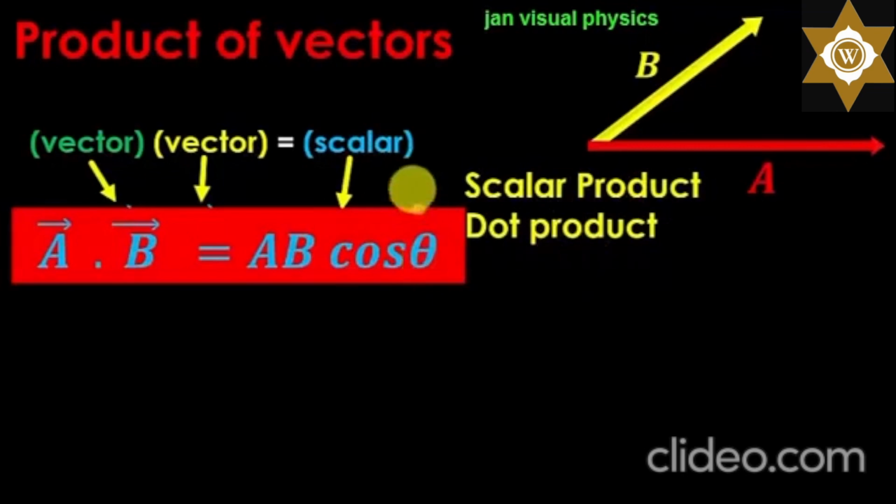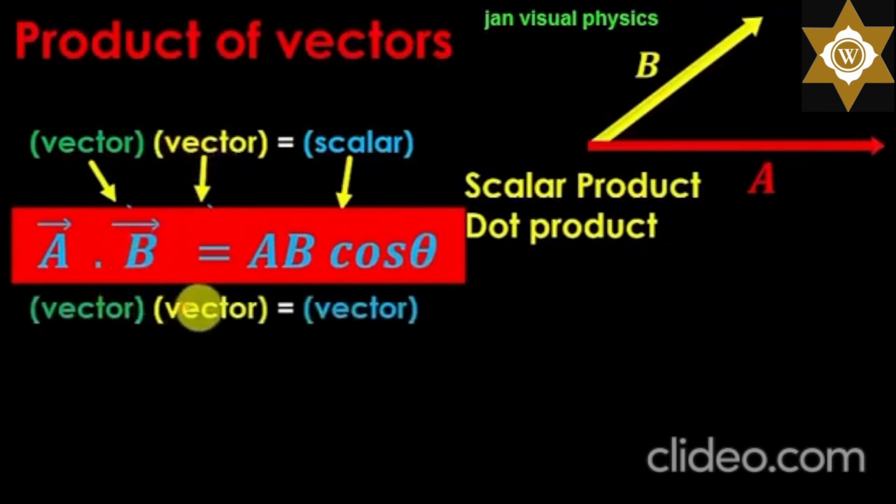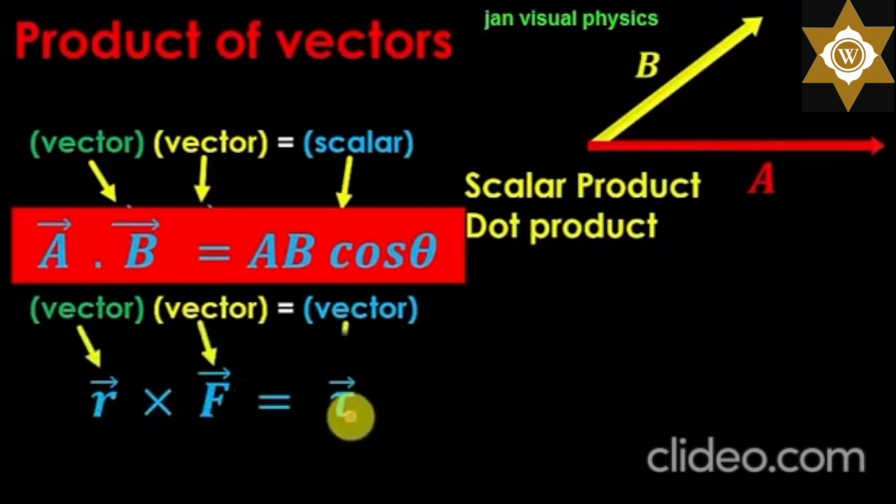The second method of multiplying two vectors is we multiply two vectors and get a vector quantity. For example, the cross product of momentum and force gives us torque. Momentum is a vector quantity, force is a vector, and torque is also a vector quantity.